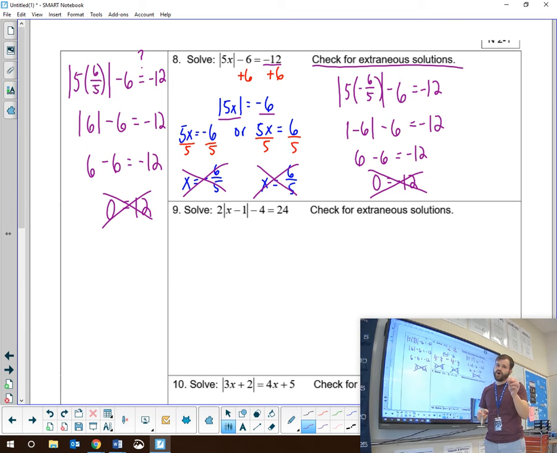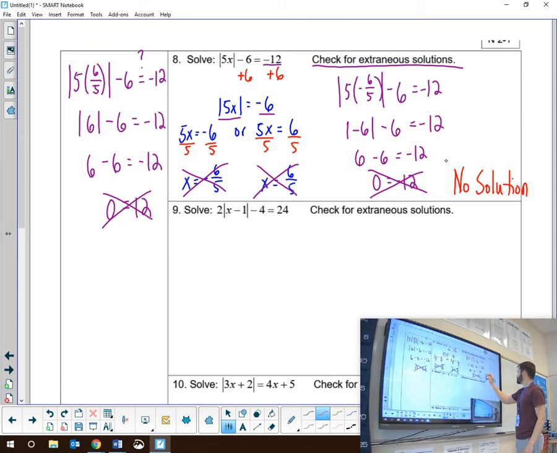No, it is always positive. So if you ever see an absolute value equal a negative, you know that your answer is going to be no solution. All right, I'm glad we got that out of the way. So there's our first no solution problem.